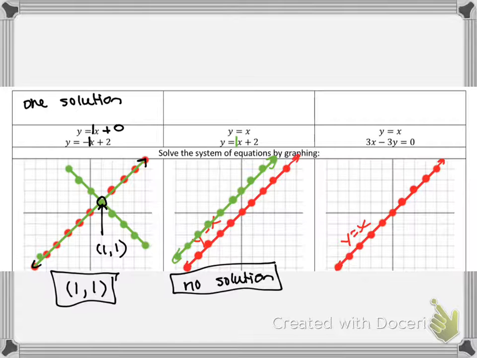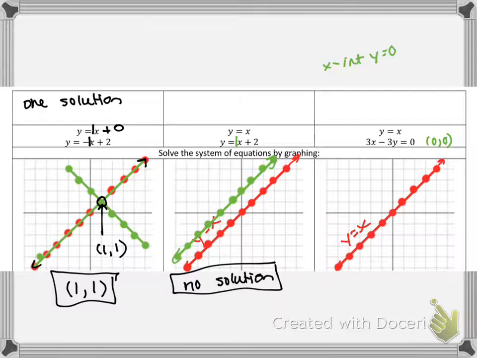So let's use the x and y intercept method. So remember to find the x-intercept, we set y equal to 0 and solve. So if I set y equal to 0, what is my x value? Well, then my x value would be 0. So that means I have the point 0, 0.